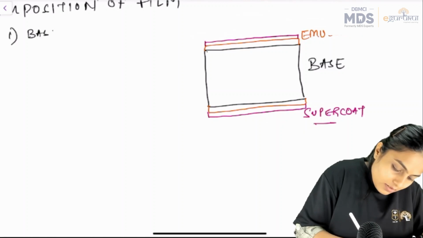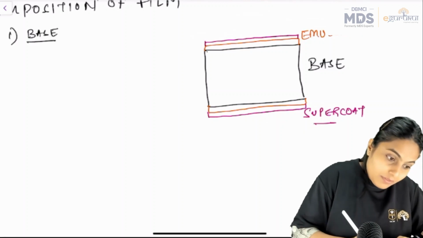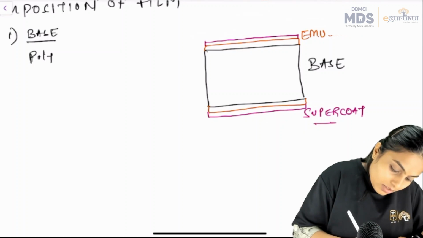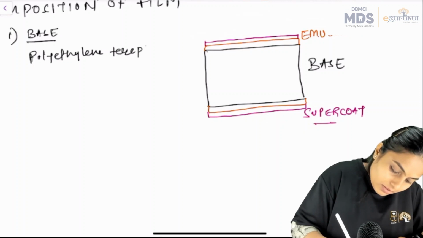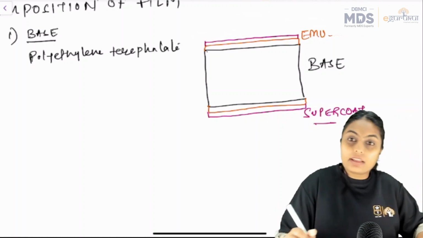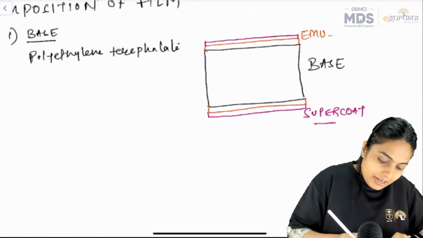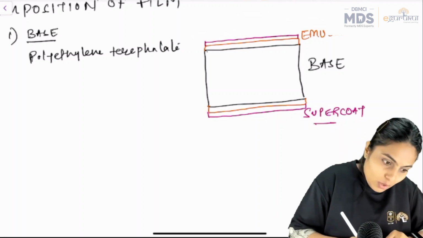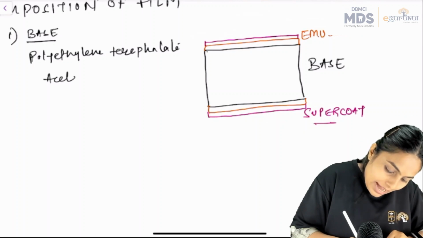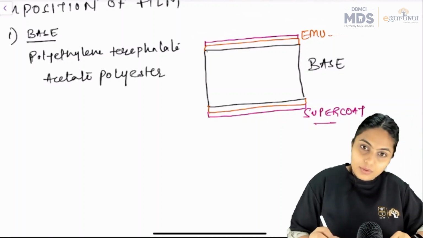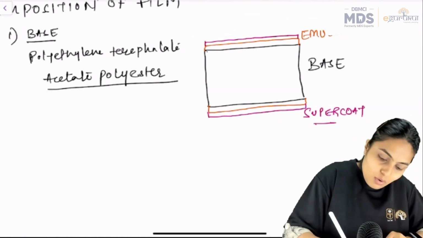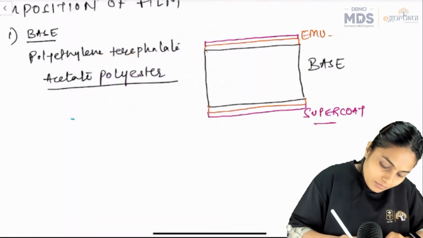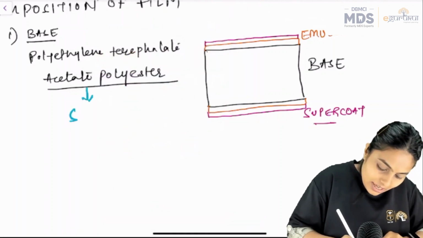Base is made up of polyethylene terephthalate. Okay, and if the base is made up of acetate polyester, then it is called as safe film.